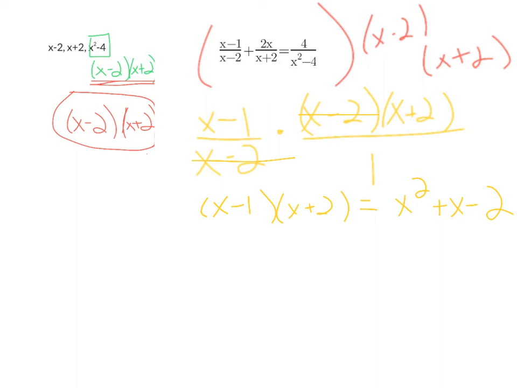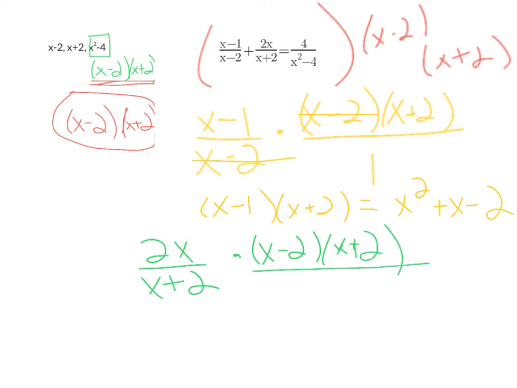Now I'm going to look at my second term, 2 over x plus 2, and I'm going to multiply that by the x minus 2 times x plus 2. And remember, my denominator is 1. Looking at my denominator here, I have an x plus 2. In this numerator, I have an x plus 2.